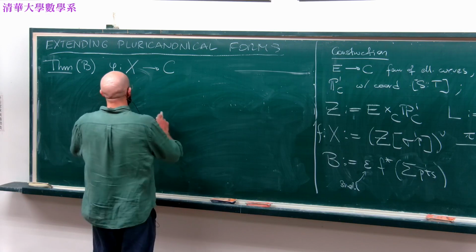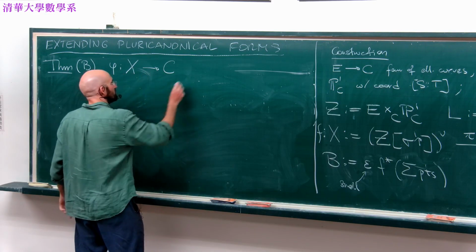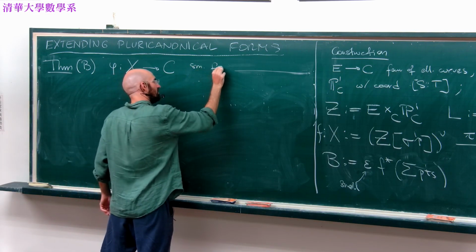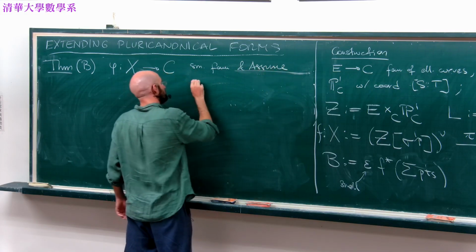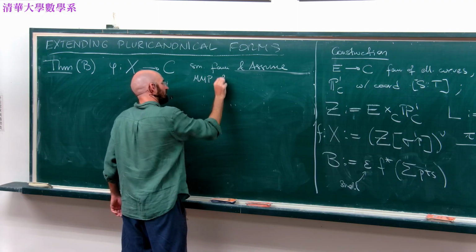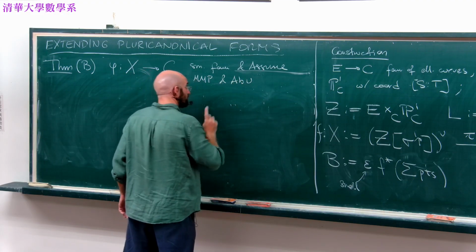However, what is true is that if you have a smooth family and assume MMP and abundance, then the following is true.